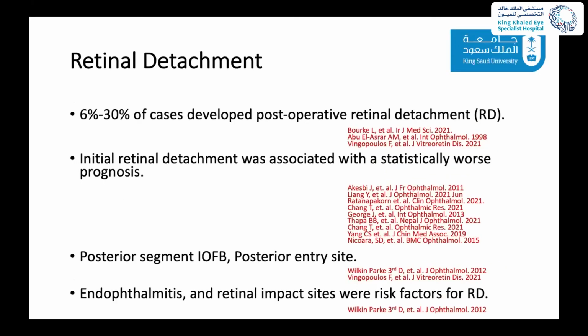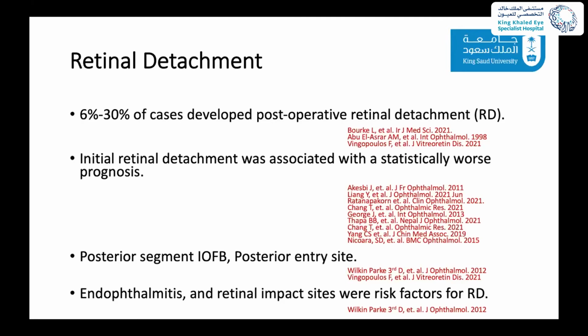As for retinal detachment, it has been found that there is a risk of up to 30% of post-operative retinal detachment after primary repair. It has also been found that initial retinal detachment was associated with worse prognosis, visually and structurally.